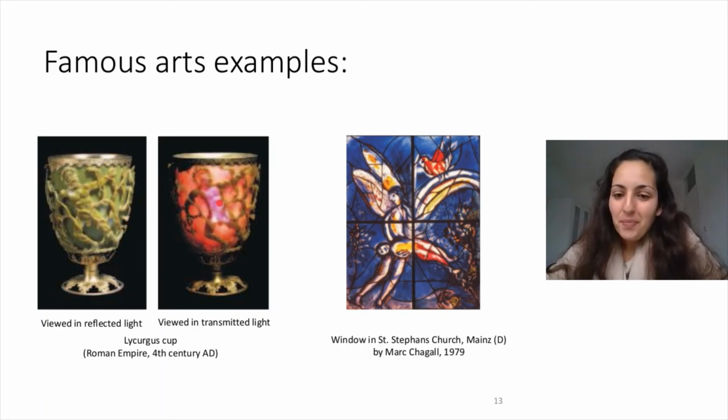If in transmitted light it looks red, that means you're preferentially absorbing the green spectrum, and that's why it looks red when you look through it, but green when you shine light at it. And there are also these windows where the color effects were achieved with gold nanoparticles without them even understanding what a gold nanoparticle is.